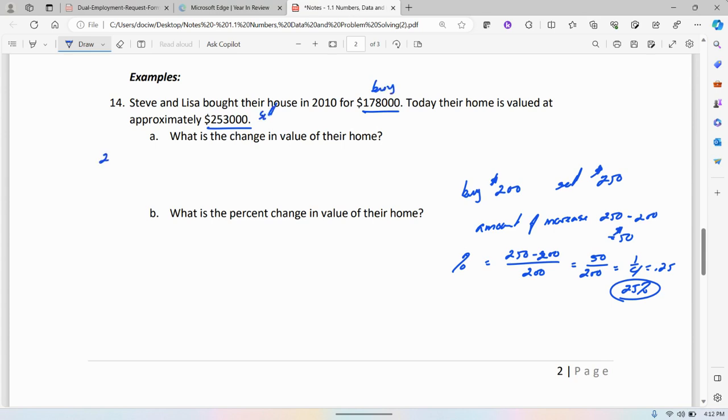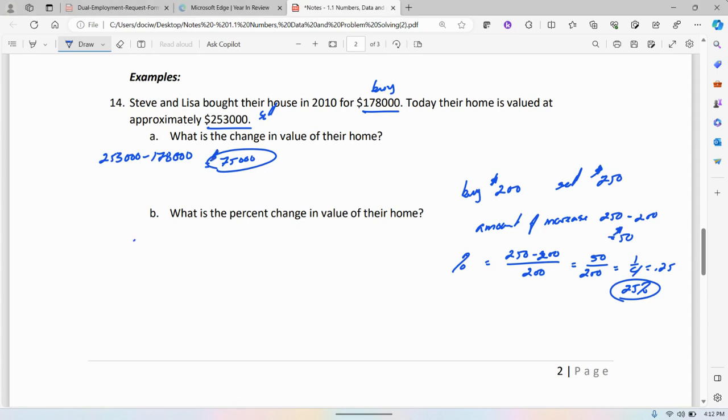So if I do $253,000 minus $178,000, we see that the value of their house increased by $75,000. So the change in value is the $75,000. Put a dollar sign on there.